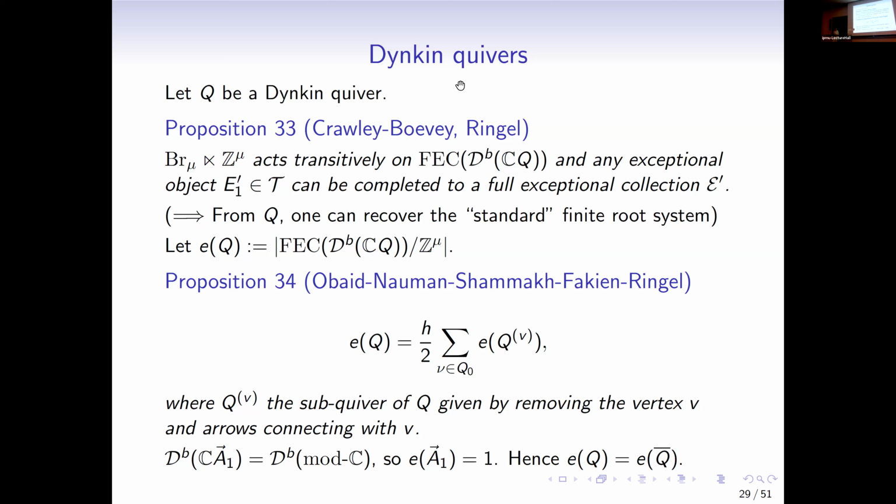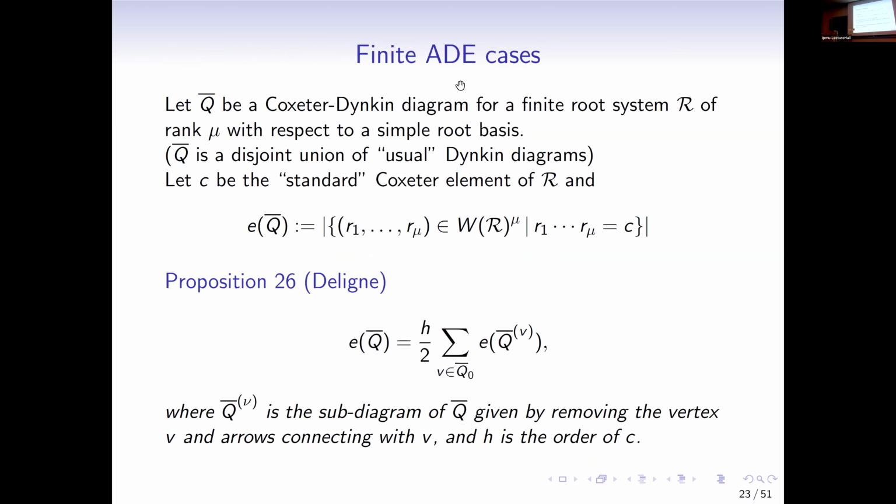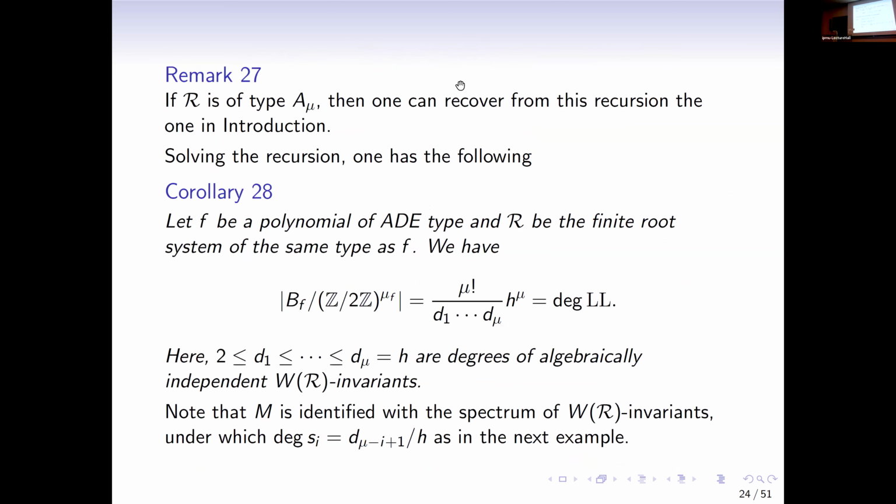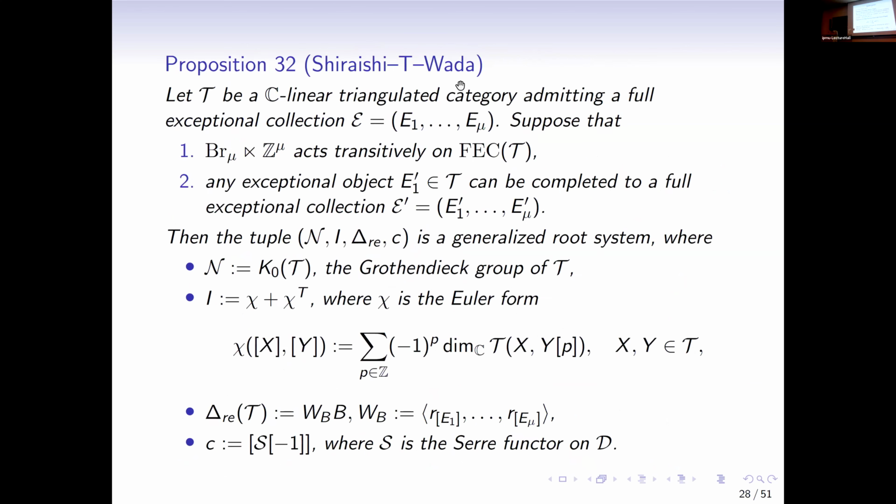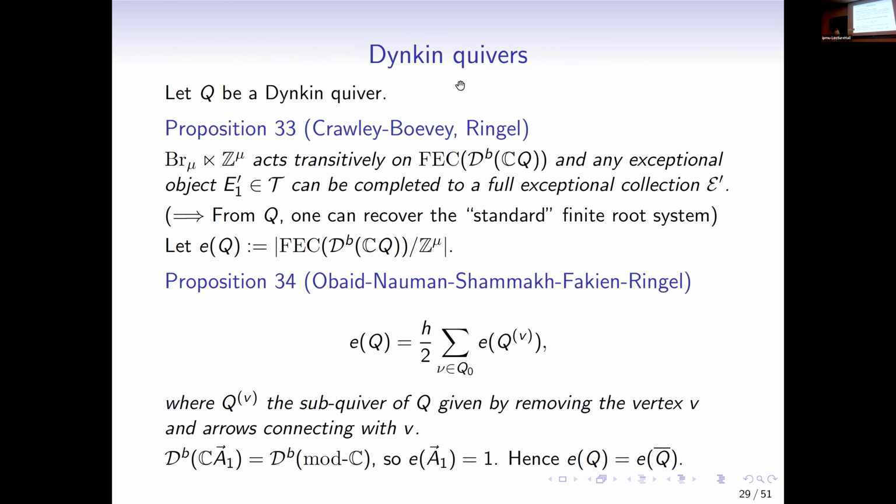And in this case, the initial data can be easily calculated. Because E of Q is the set of factorizations, and this satisfies this recursion, and also this one, with the same recursion and the same initial data, therefore we get that these are the same.